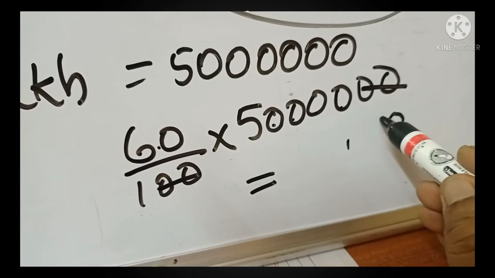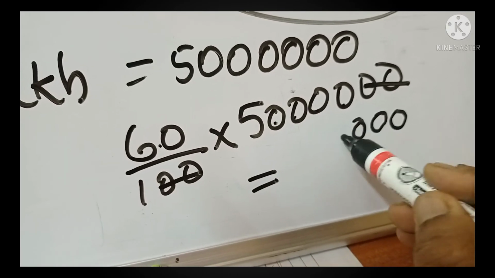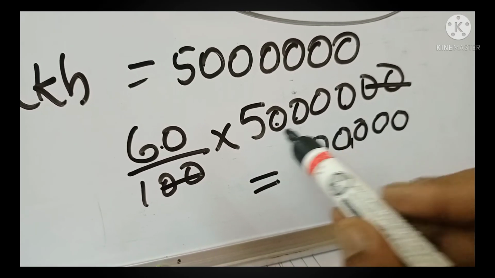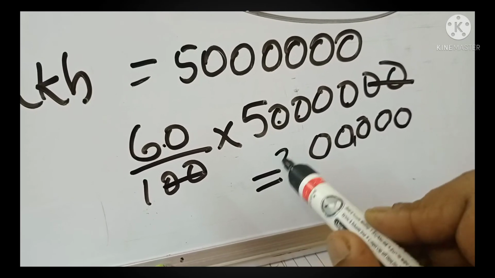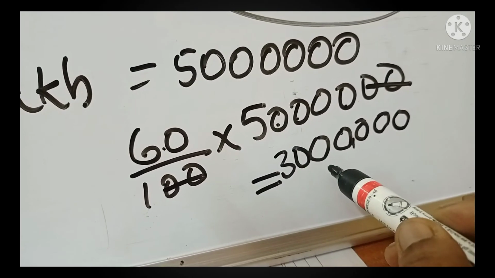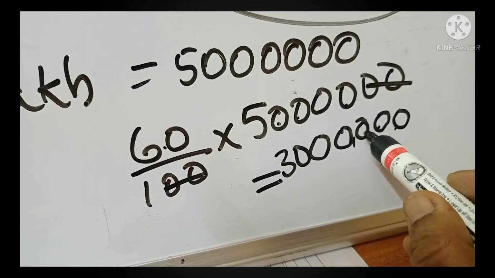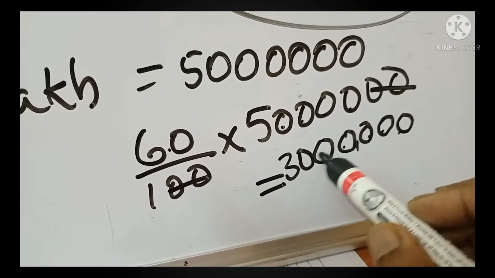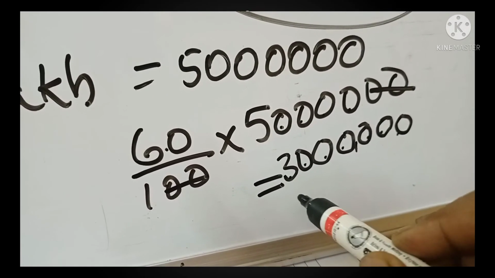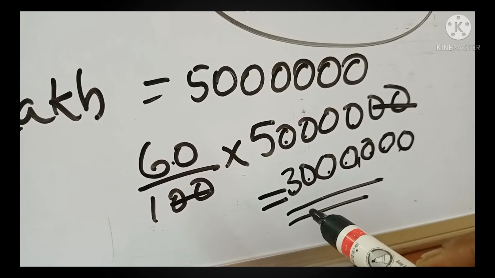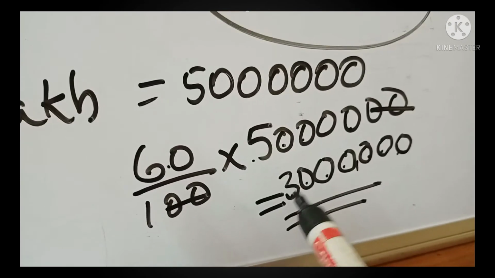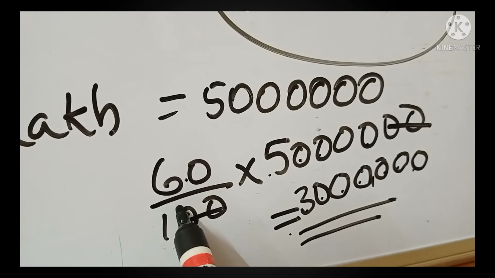So 6 times 5 is 30. That is 30 lakh. Out of 50 lakh, 30 lakh like cricket.